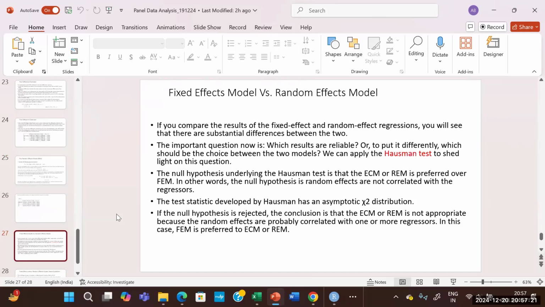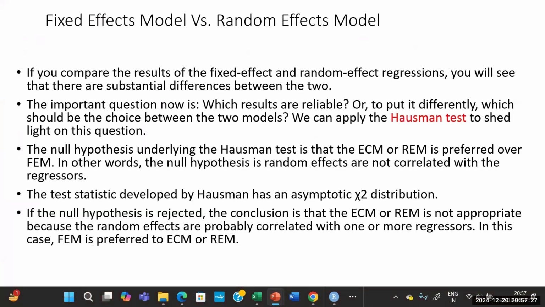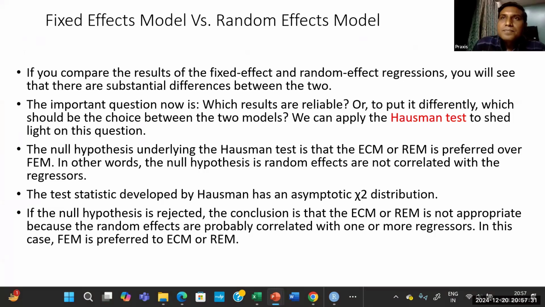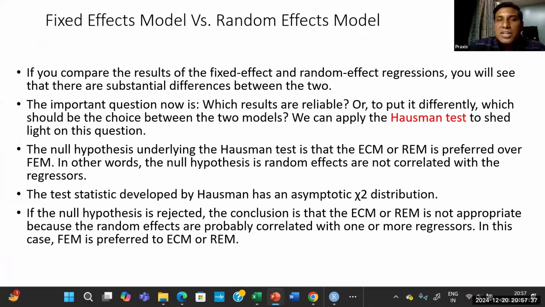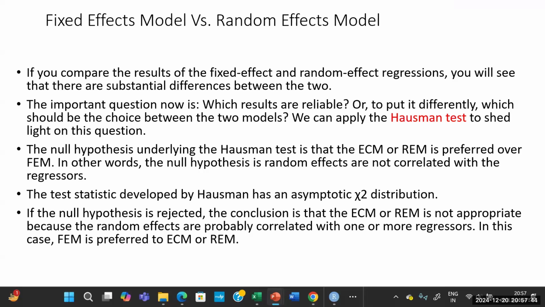Sir, just to have more clarification, let's say I'm selecting some stocks from a similar sector. In that case, random effect might not give good results. Yes, it is rejected straight away. If all the banks are from the same industry, same sector, and I'm selecting randomly, you cannot apply random effect.